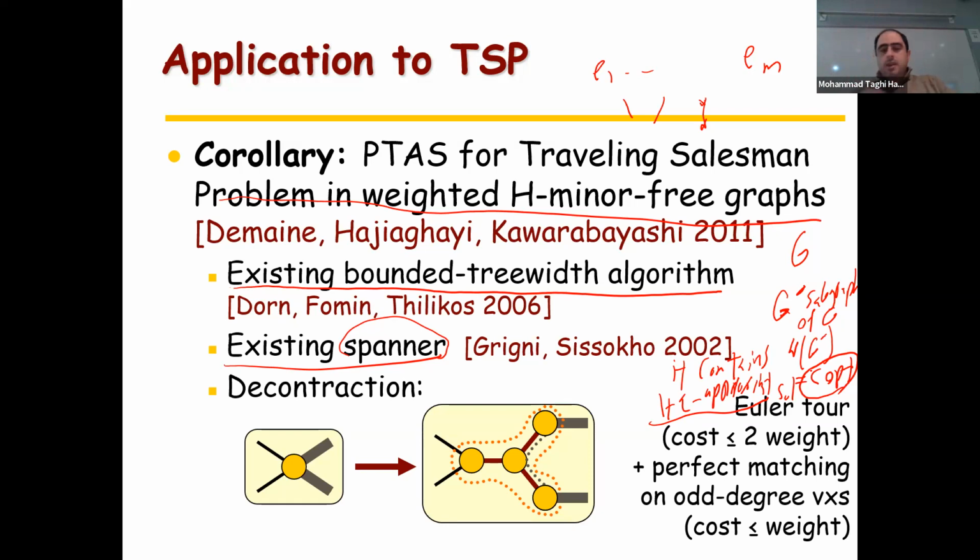Good. Now use the contraction theorem. The contraction theorem says, okay, you want to find the TSP? Yes. Just partition the vertices into K sets, such that if we contract any of them, then the graph has bounded treewidth.